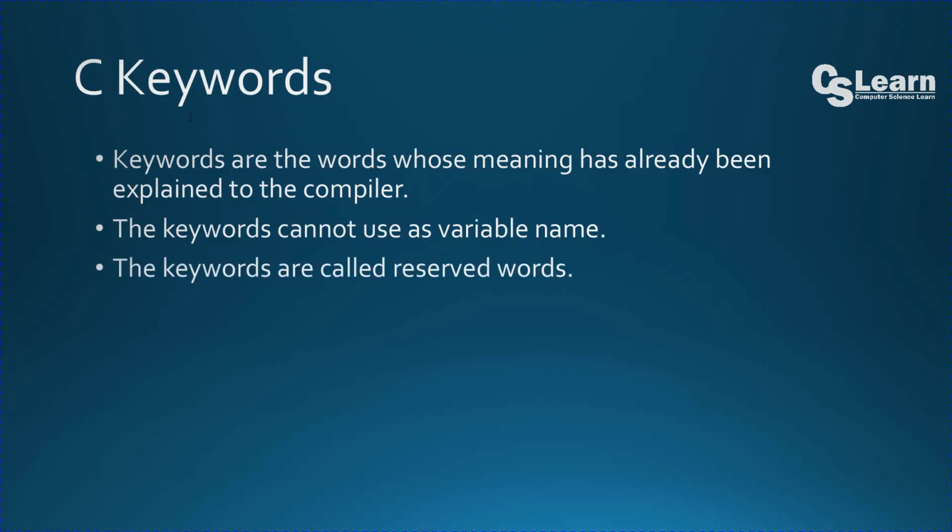Next, keywords are called reserved words, which are reserved in your compiler and already explained to the compiler. In the C programming language there are 32 keywords available, and it may vary in other programming languages.